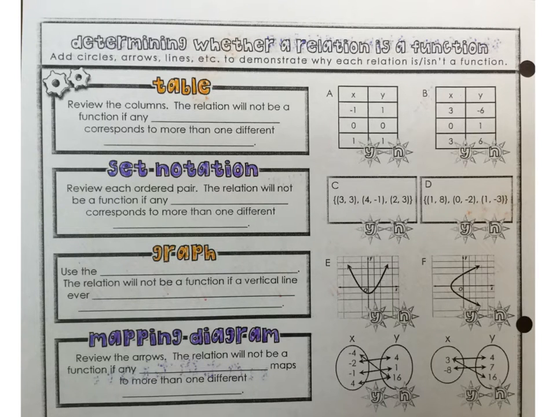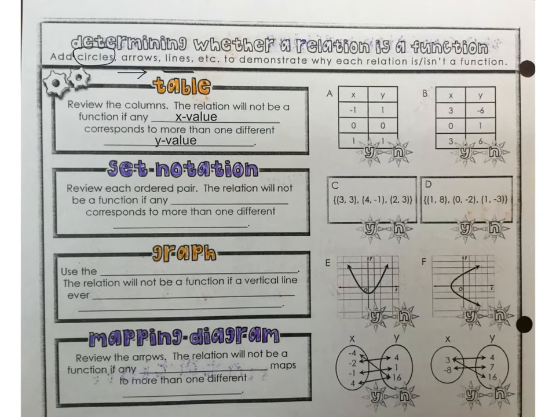To determine whether a relation is a function, there are several different strategies that we can use. We are going to add circles, arrows, or lines to demonstrate why each relation is or is not a function. So if we use a table to look at a function, review the columns. The relation will not be a function if any x value corresponds to more than one different y value.